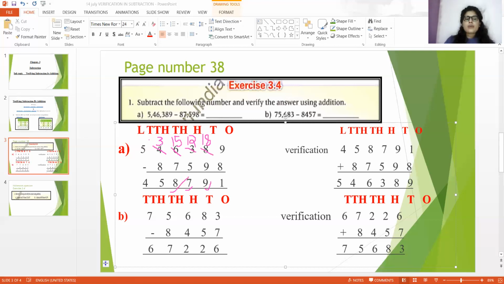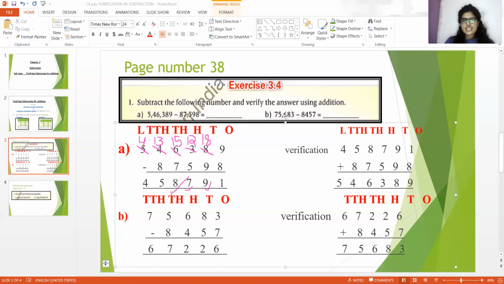Okay. Now at the 10,000s place, I can see I have 3 and 8. So now I cannot take away 8 from 3. So take carry over. Take 1 from 5, left with 4, and write that 1 here. Now take away 8 from 13. 9, 10, 11, 12, 13. 5.